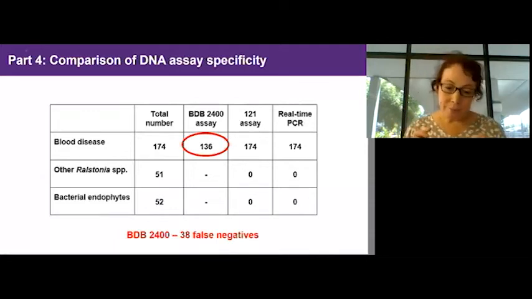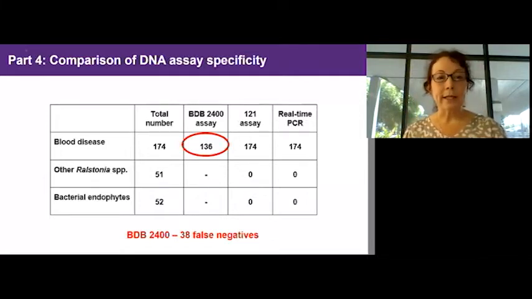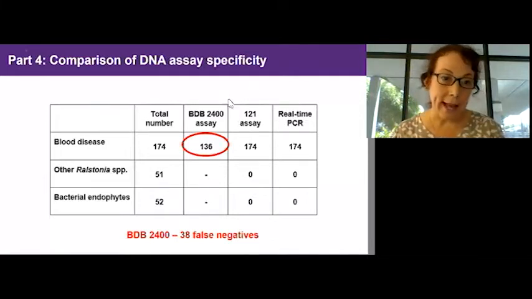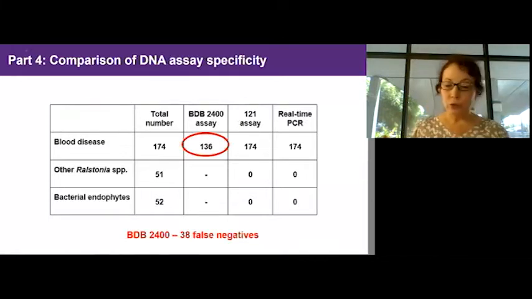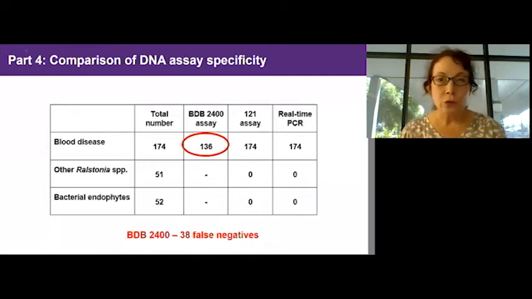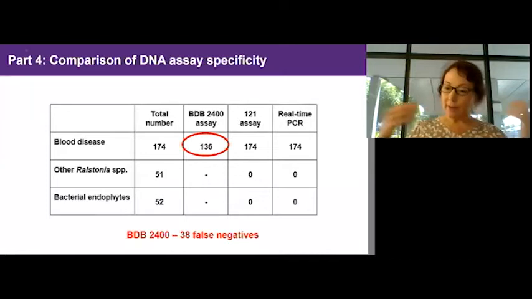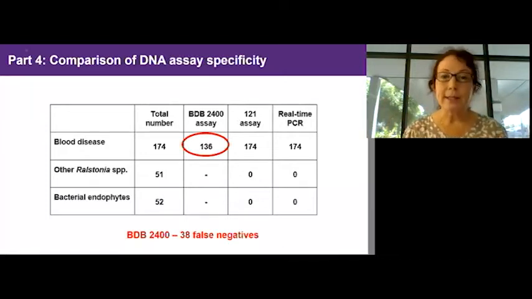These false negatives actually came from a collection that we did in Sulawesi. It clearly fails this specificity test, but the fact that this published assay was not able to detect all of the strains just shows why validating primers against lots of isolates is really important.